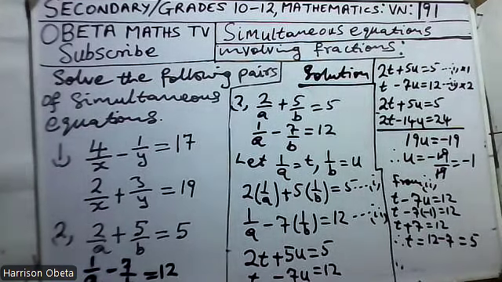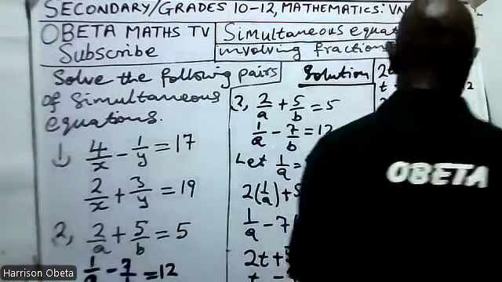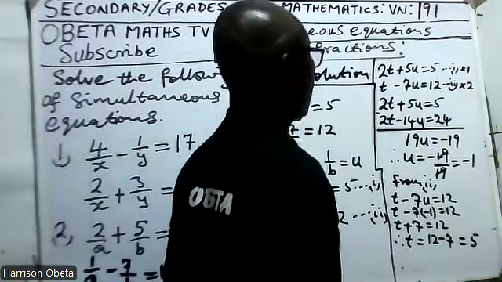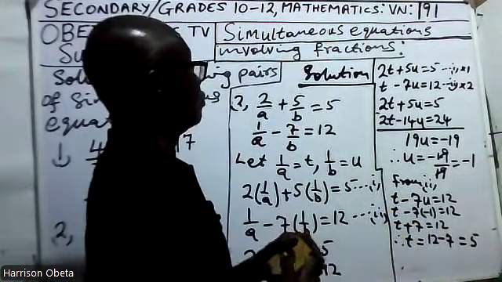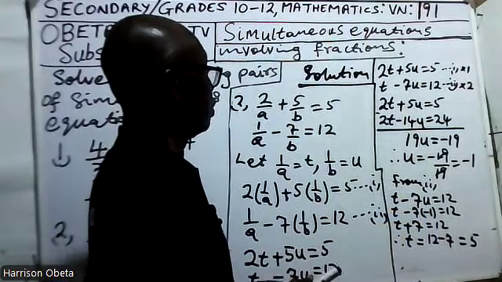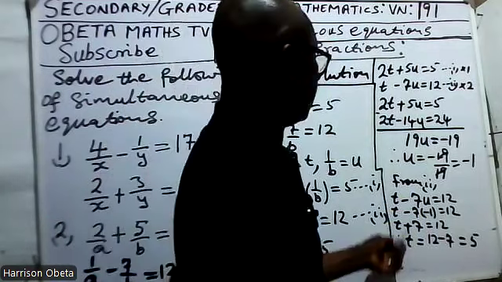Okay. t is equal to 5. Then we are going back to this to find the values of A and B, because we are not looking for t and u.